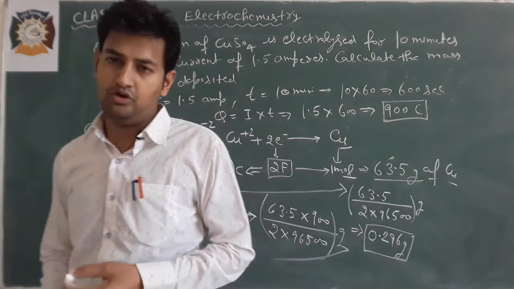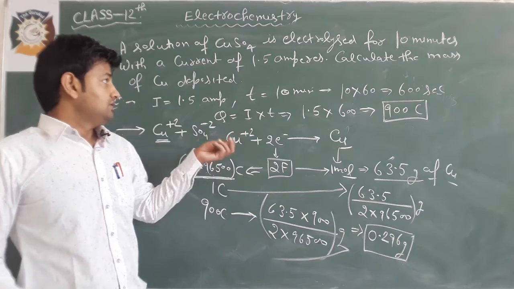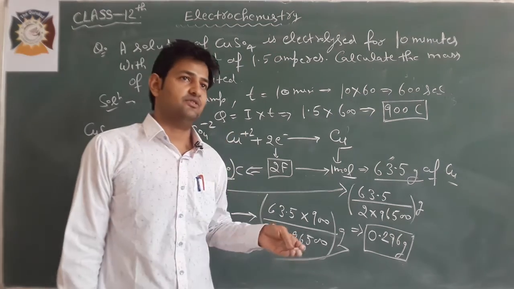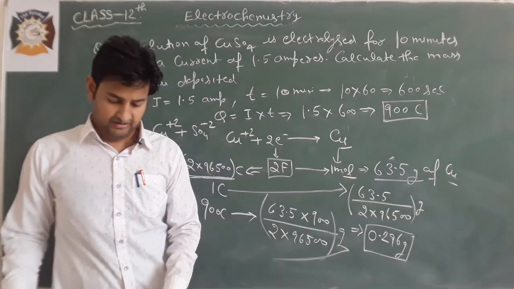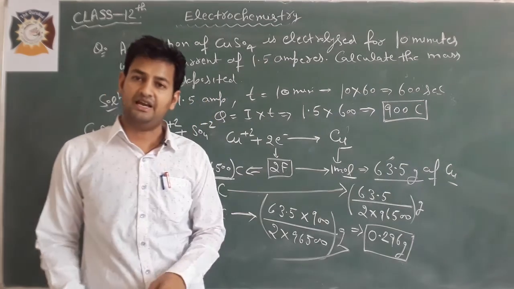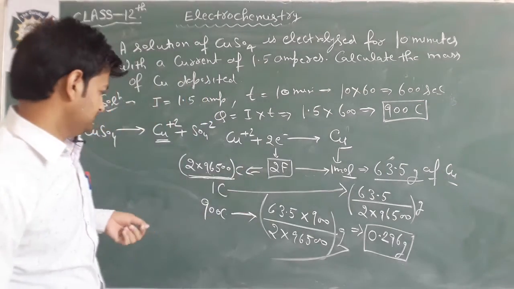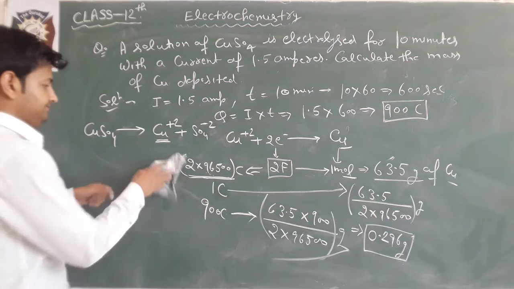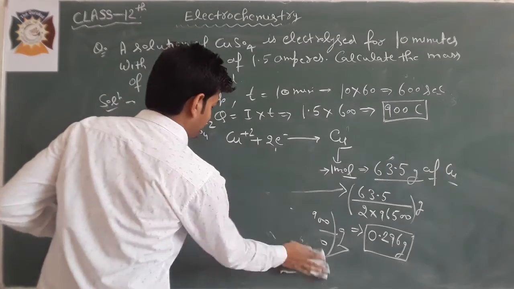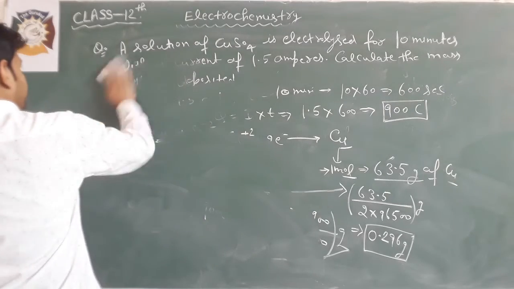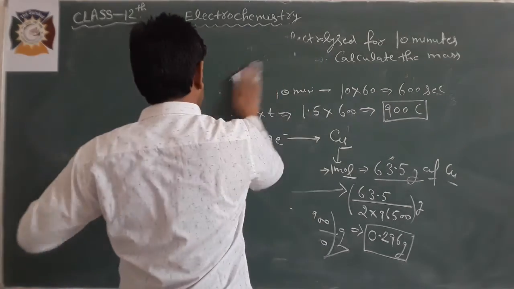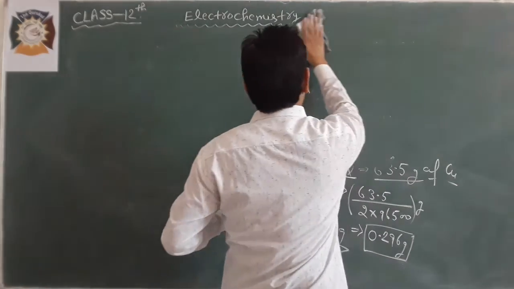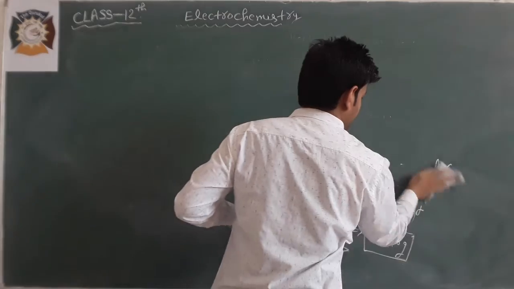Calculate the mass of any electrode deposited on the electrode. According to Faraday, 2 laws of electrolysis are given. According to the first law, the mass deposited on any electrode is proportional to the amount of charge passed.